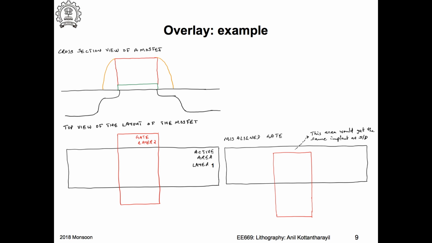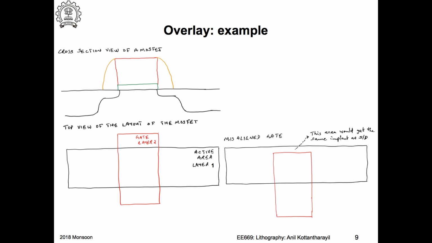So let us take a very simple example. I want to make a MOSFET. It looks like this. So this is my gate, and I have my transistor, something like this. I am actually not drawing all the details here. This is how you draw a transistor, right? But we need to worry about what happens in the other direction.